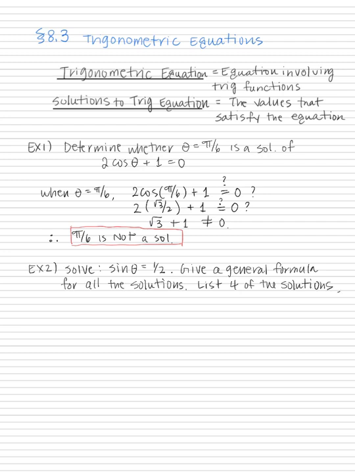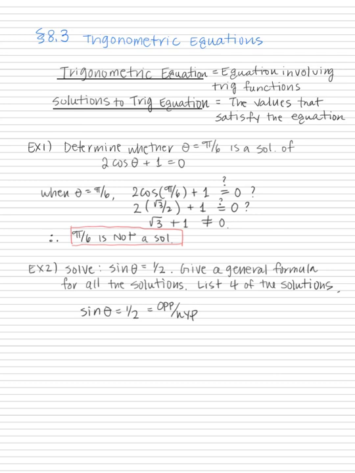So let's take a look at sine of theta equals 1/2, which is, remember, opposite over the hypotenuse. Now the difference between this problem and the problems you used to do is that we want to get all the possible solutions. So let's just do this example, maybe it'll make sense.